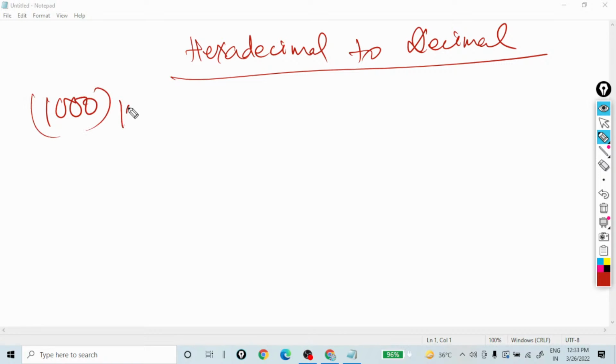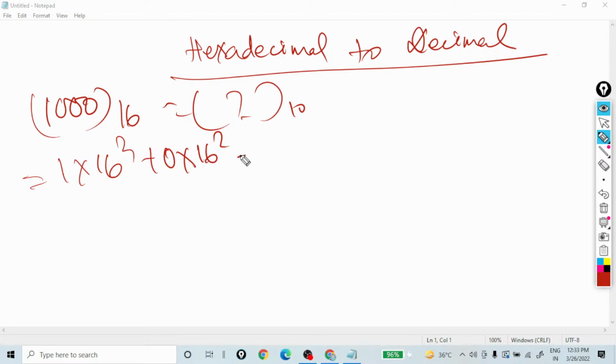Take the same 1000 in hexadecimal. What will it be in decimal? Same procedure: 1 into 16 to the power 3, plus 0 into 16 to the power 2, plus 0 into 16 to the power 1, plus 0 into 16 to the power 0.